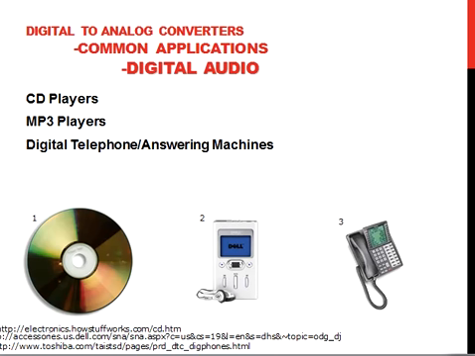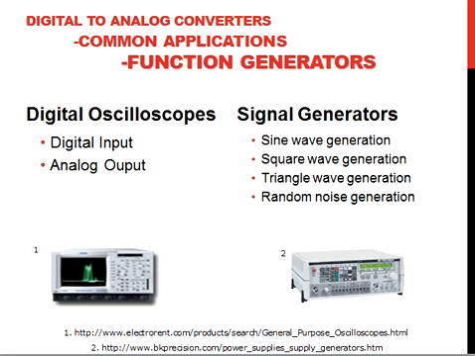These are some examples of digital to analog converters in our daily life, such as CD players, MP3 players, and digital telephones, where the output value which we are seeing or hearing is the analog value, which was originally the digital signal. That original digital signal is converted and output through these devices.